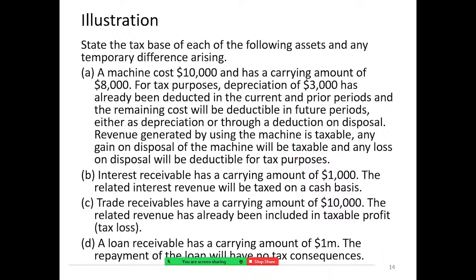Right? First one, state the tax base. You have to find the tax base of each of the following assets and any temporary differences. If there are any differences between tax base and carrying amount, there will be temporary differences.